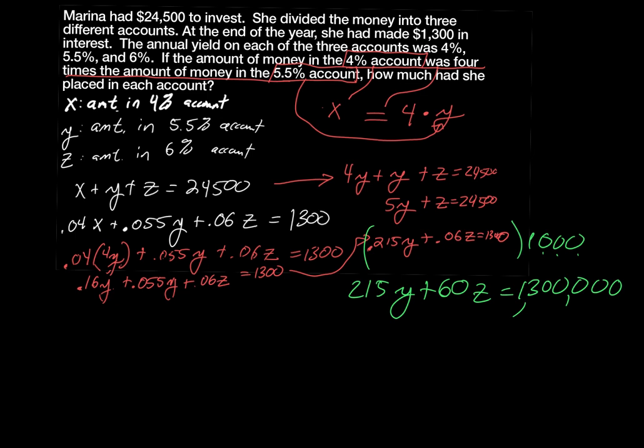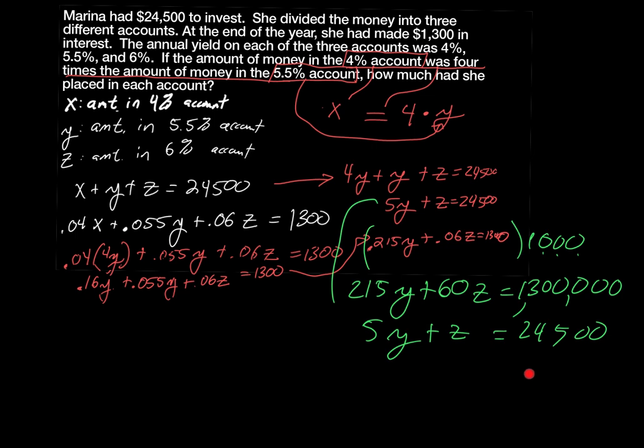I'm going to bring this one down. 5y plus z equals 24,500. I now have 2 variables, 2 equations. Elimination method, the easiest one to get rid of here, in my opinion, is the z. Why? Because this z right here just has a 1.